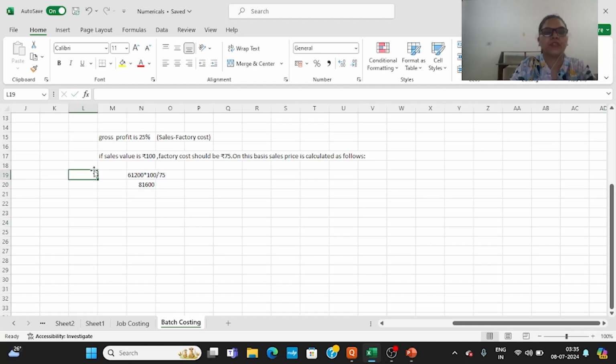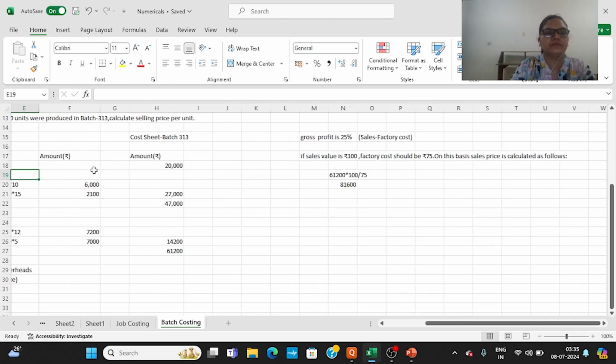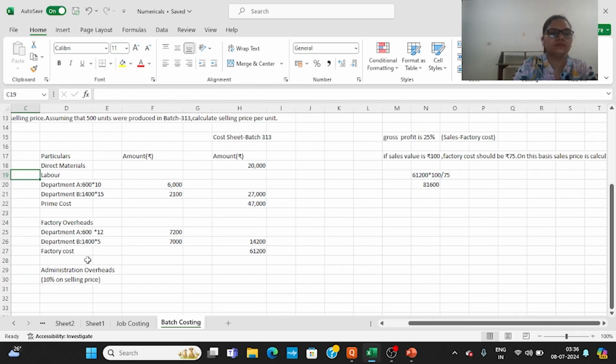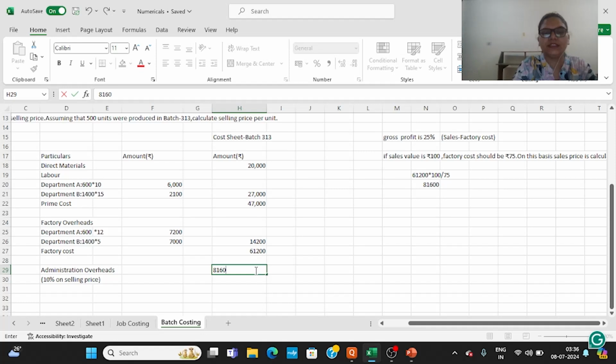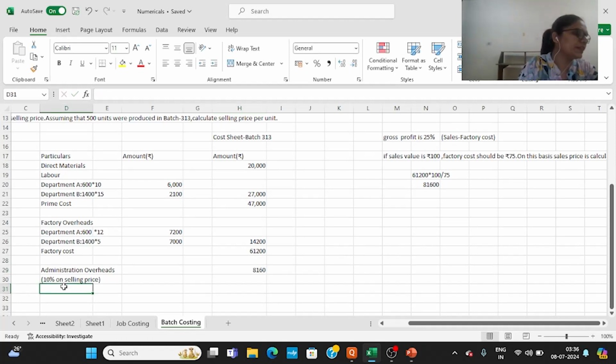So this is cost of production. When we take 10% on selling price, we will get 8160 as your administration overheads.